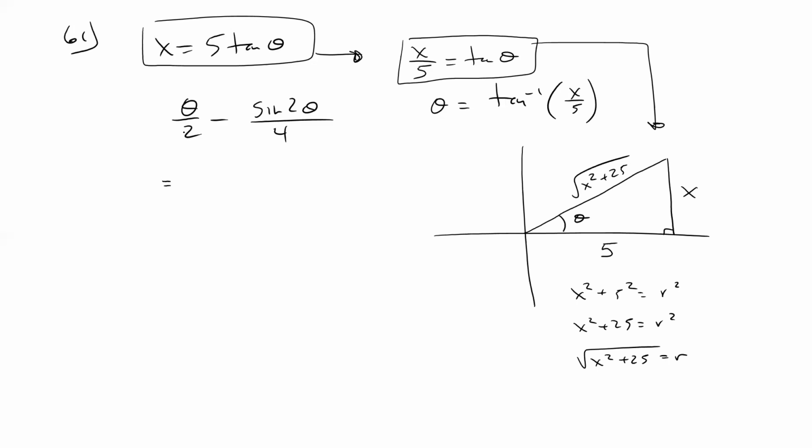You have a half here, you have a 2 over here. Let's take out a 1/2 out of this. Actually, can I back up just a little bit here? I'm sorry. I'm going to go with 2 sine theta cosine theta. That'd be easier so that we don't have to do steps back.